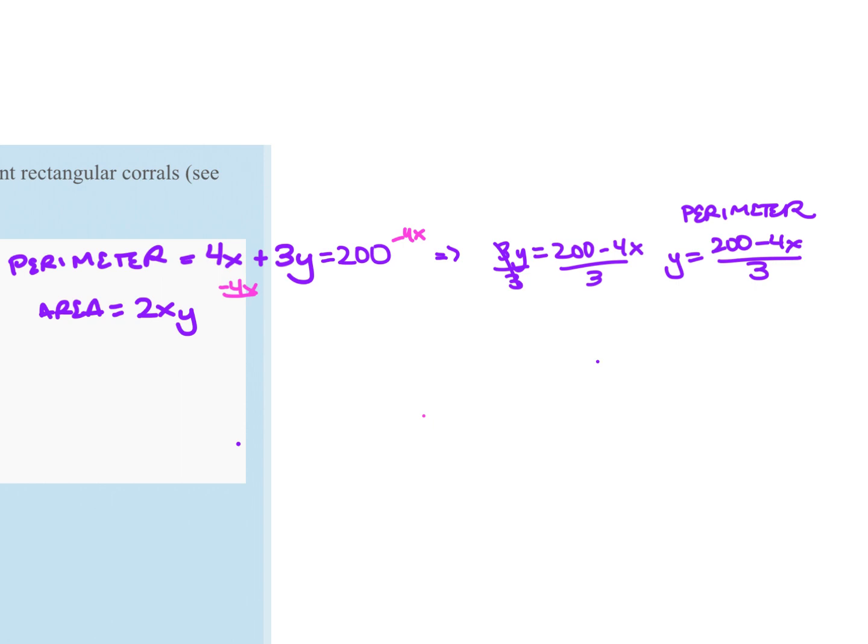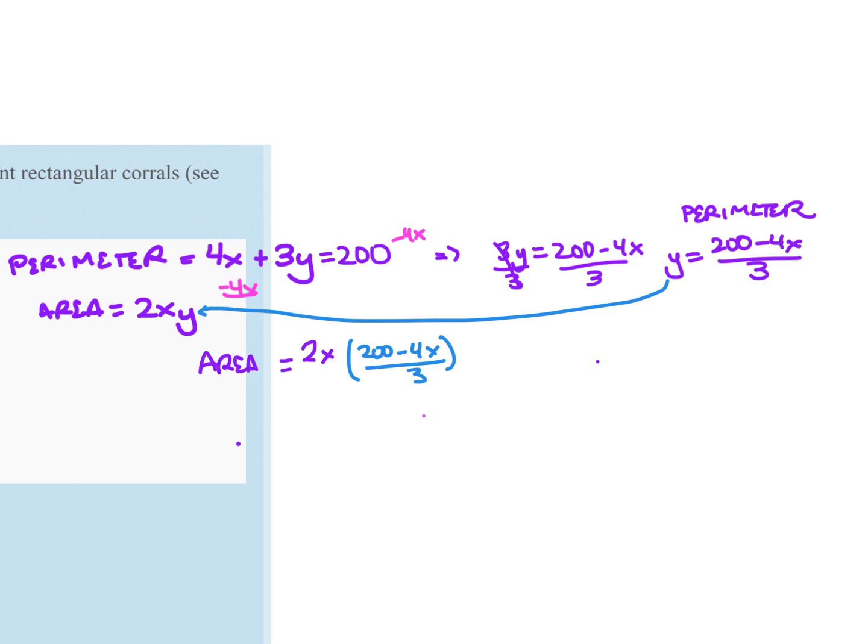So we're going to take this expression for y and substitute it into our area formula. So we have 2x, and then our y is 200 minus 4x over 3. So this is area. I'm going to go ahead and distribute the 2x inside.